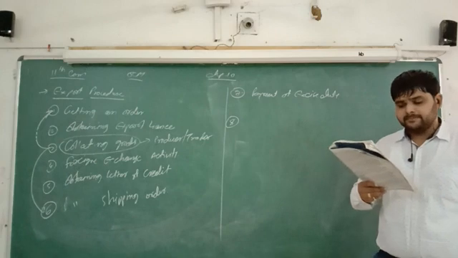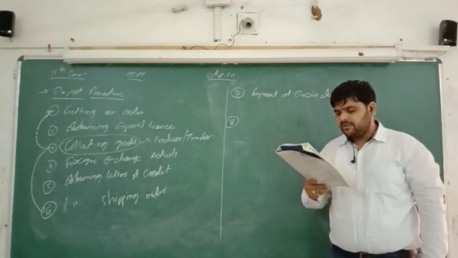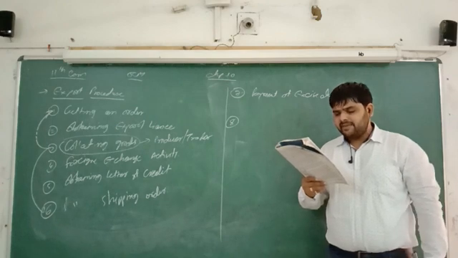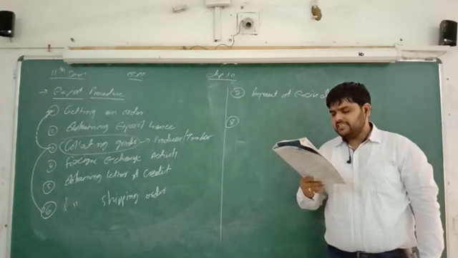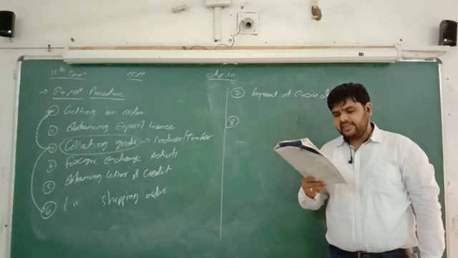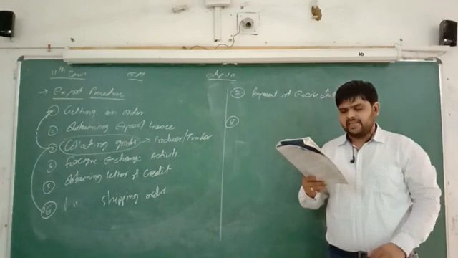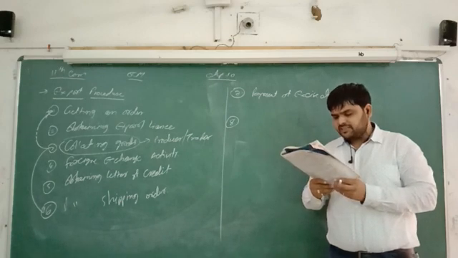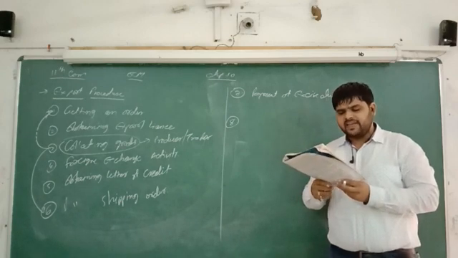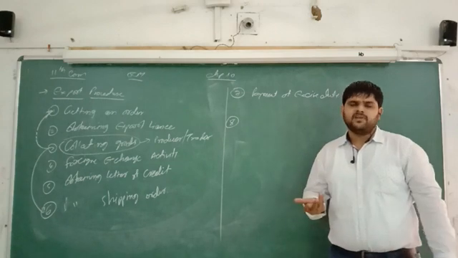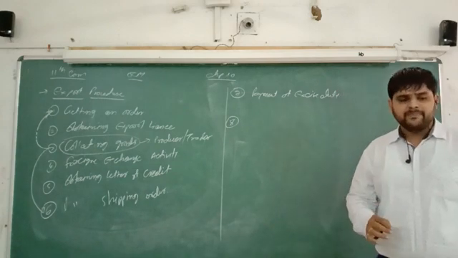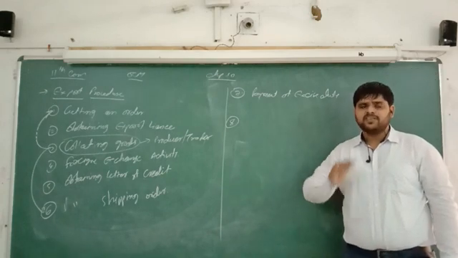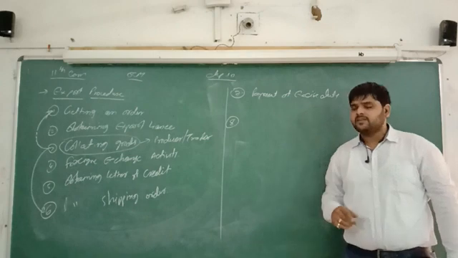The excise officer calculates the duty on the basis of the price and quantity of goods. The excise officer determines the amount of duty after checking the shipping bill and inspecting the goods himself. When the exporter pays the excise duty, he gets permission to carry the goods to the port. So after paying the excise duty, they give permission to send goods from one place to another for export purposes.